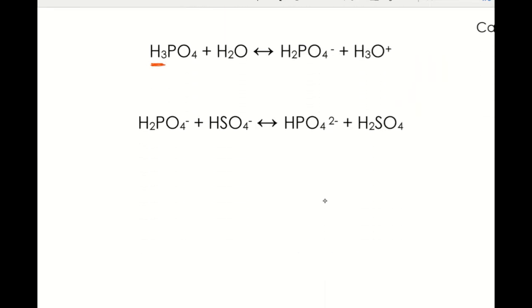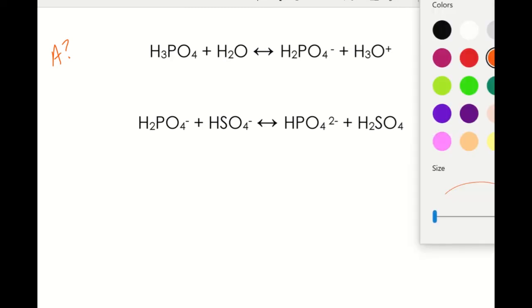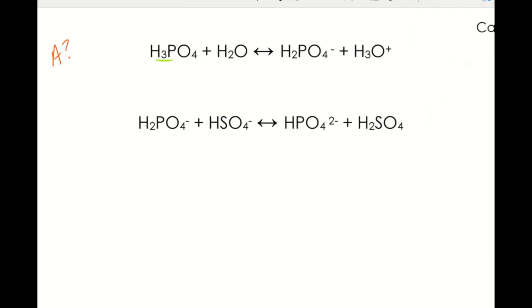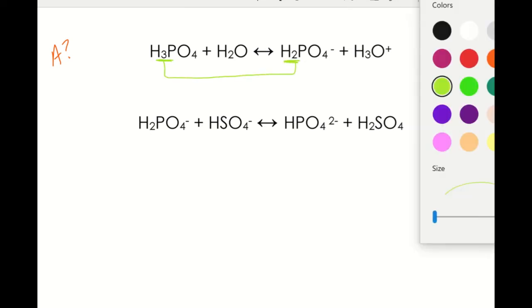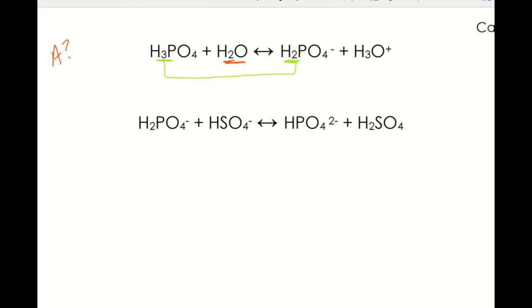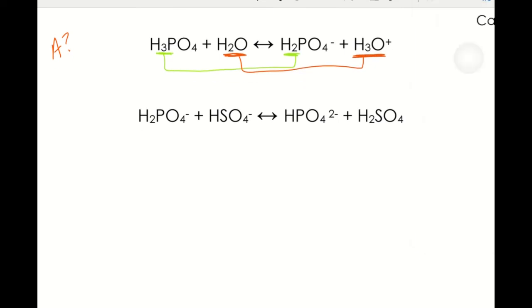All right, now let's look at a harder example. So in this one, there's an H in the front of both of them. So which one is the acid? You really can't tell, so what you need to do is look at the right side and see what happened in this equation to determine which one gave. So we have H3PO4 on one side and H2PO4 on the other side. And then we have H2O on the left side and H3O on the right side. So you have to ask yourself, who gave to who? Did the H3PO4 give to the H2O?